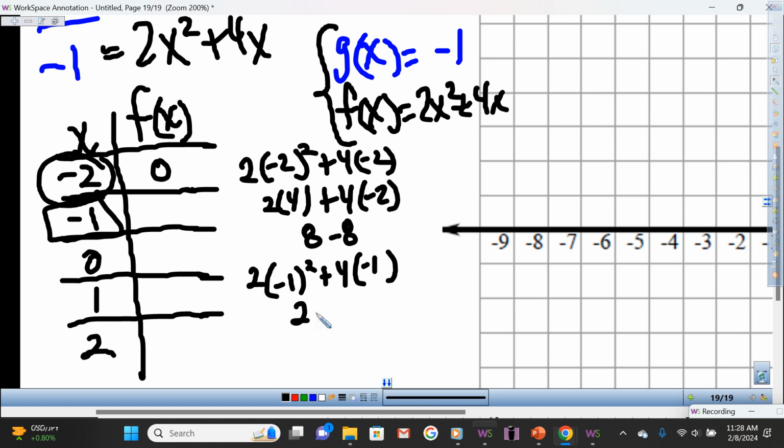What is 4 times negative 1? Negative 4. So this is negative 2. Next, 0. What is 0 squared? 0. 0 times 2 is 0. 4 times 0 is 0. So everything is 0.